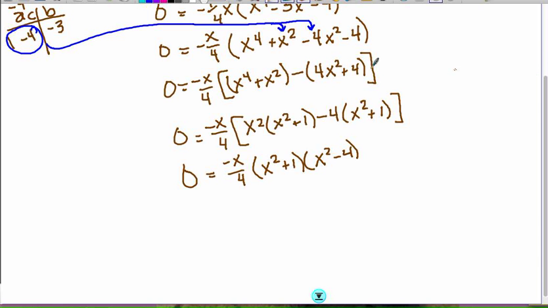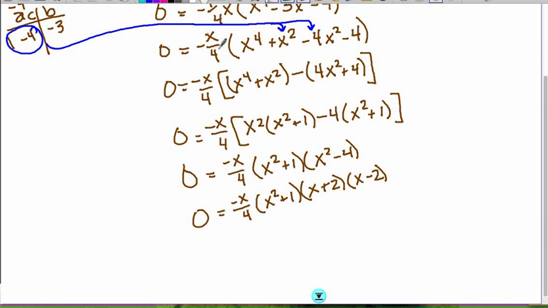Actually, I noticed that I have a difference of squares. If you're not comfortable with difference of squares, please see me during tutoring because I will explain it to you. But this is a perfect square, this is a perfect square. So I can actually factor this just one little bit more. This term stays the same, x squared plus 1. This one ends up being x plus 2 and x minus 2.